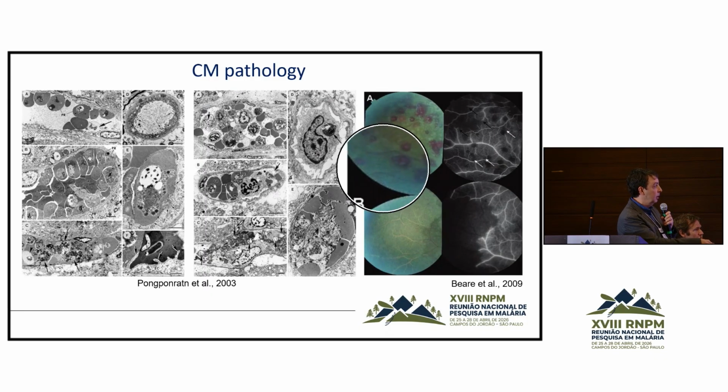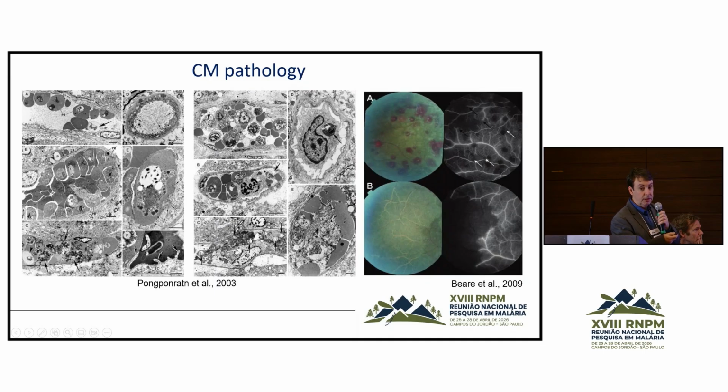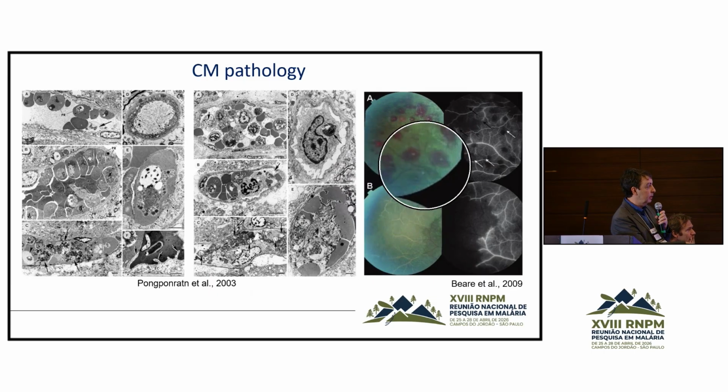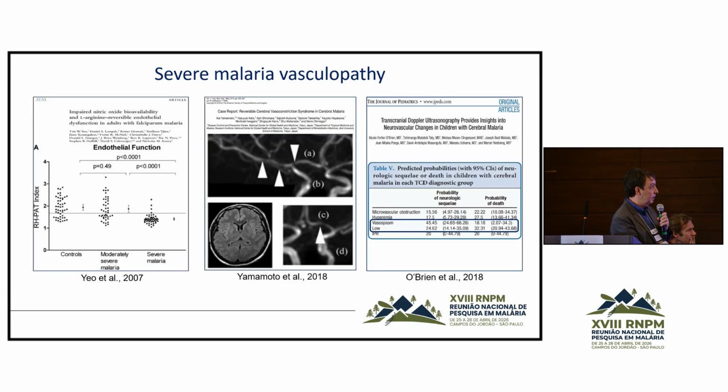There's a presence of microhemorrhages everywhere. This rupture of vessels, we have the breakage of the barrier, and there's the rupture of vessels, and that leads to a very serious hypoperfusion problem.